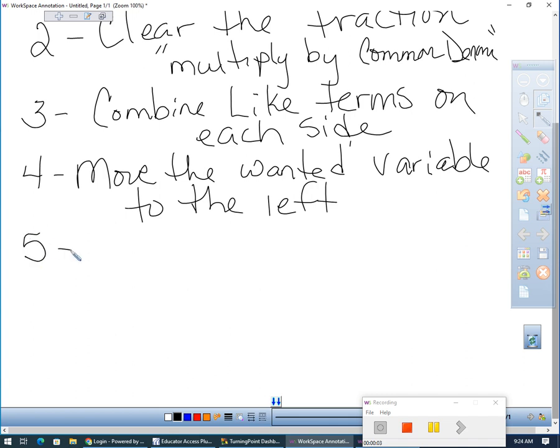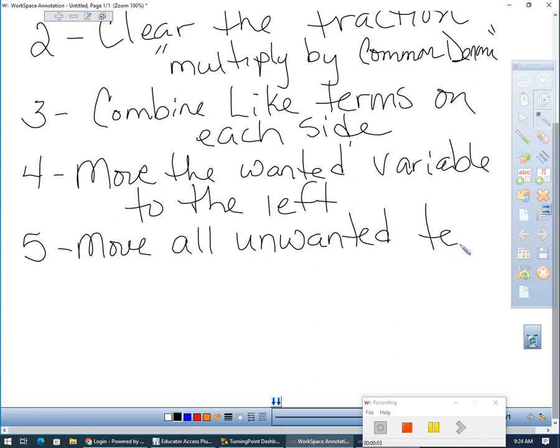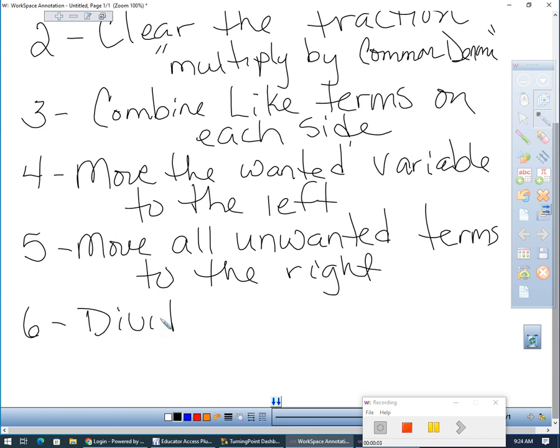Number 5, move all unwanted terms to the right. Exactly. That works for me. And step number 6, divide to solve. All right.